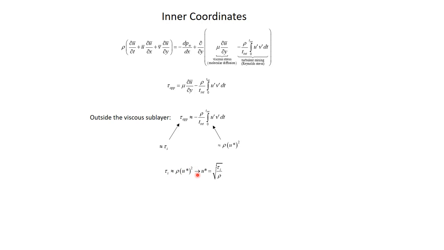And if I solve this for u star, then I get that u star is the square root of tau s over rho. So this is our best estimate, without measurement or math, of how much the velocity will be fluctuating in a turbulent flow.